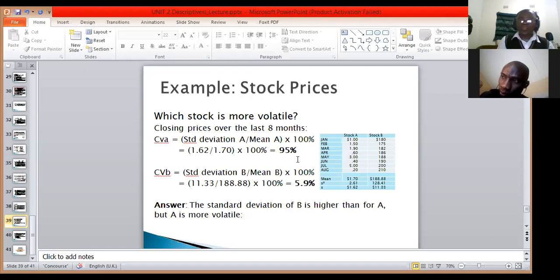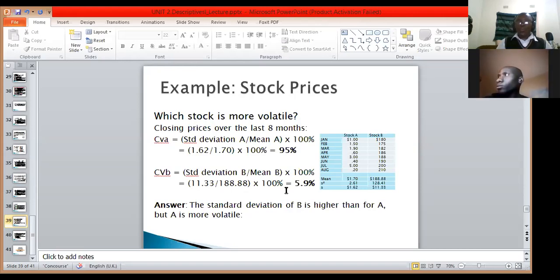Stock B has a standard deviation of 11.33 and a mean of 188.88. If we divide 11.33 by 188.88 and multiply by 100%, we find a coefficient of variation of 5.9.